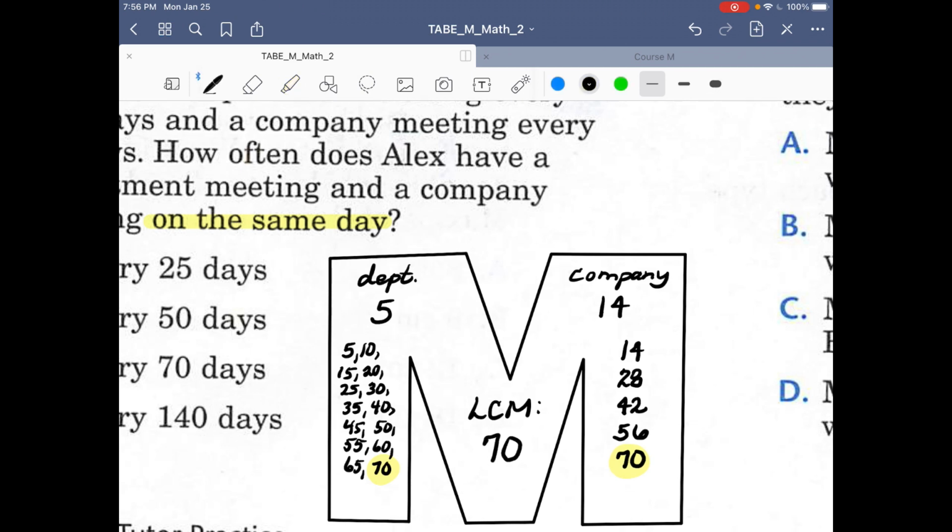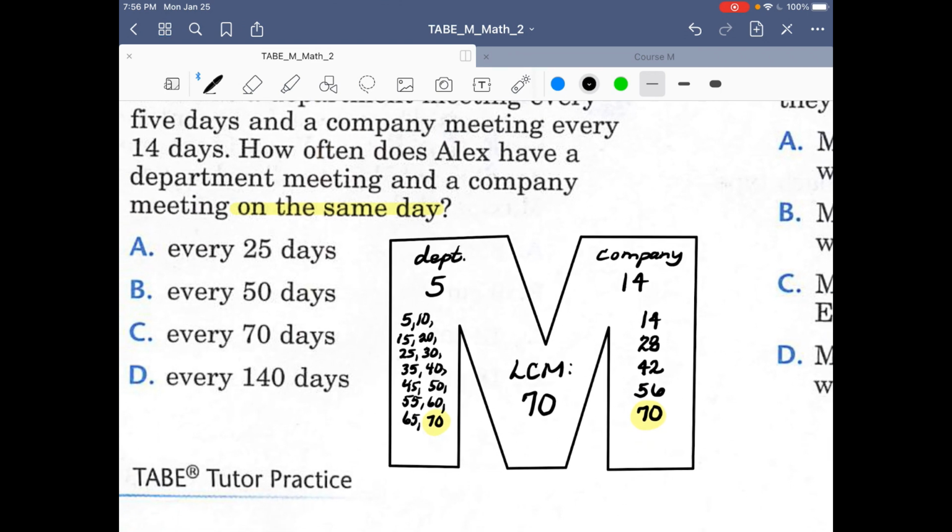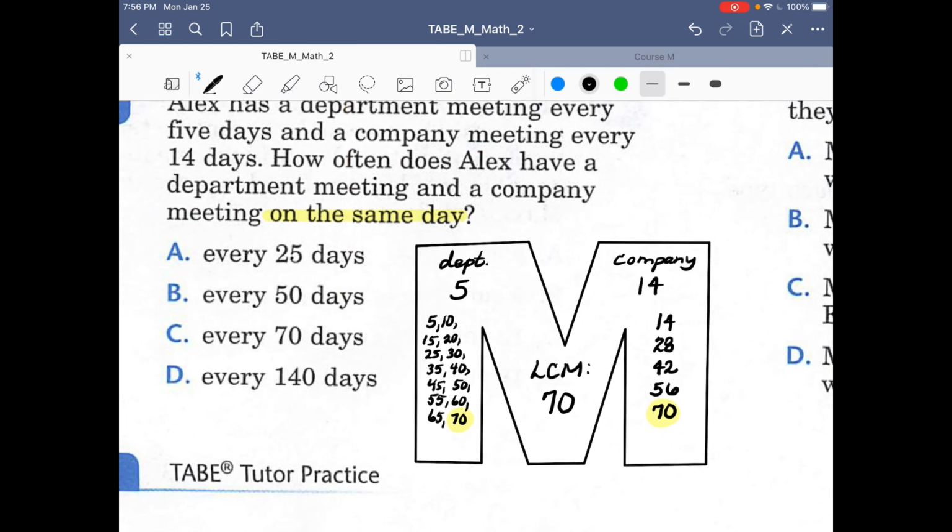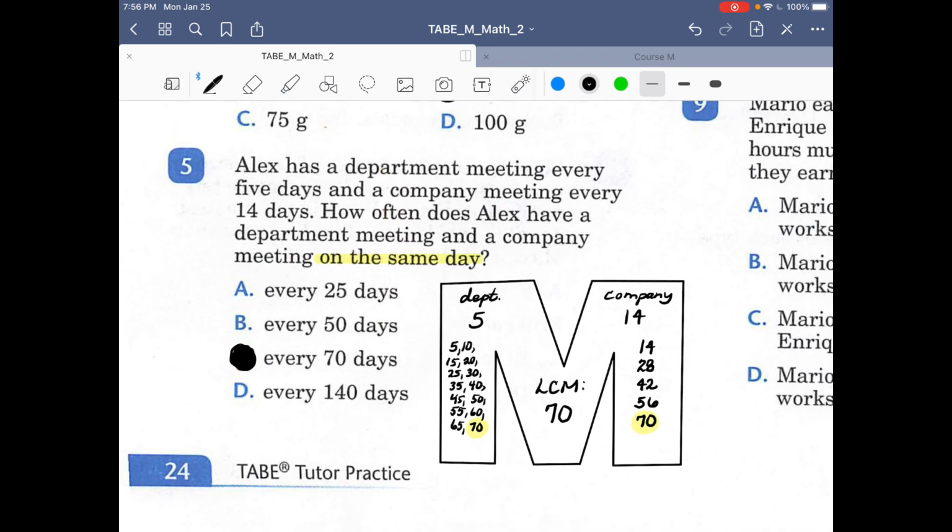I am doing that because I'm teaching you how to do this skill. If I know what the answer is on a test, I'm going to go with it. I'm not going to sit there wasting time writing those out. But for the learning stage, I like to show you where I'm getting my information. So number 5 is C. Every 70 days, he will have both meetings on the same day.